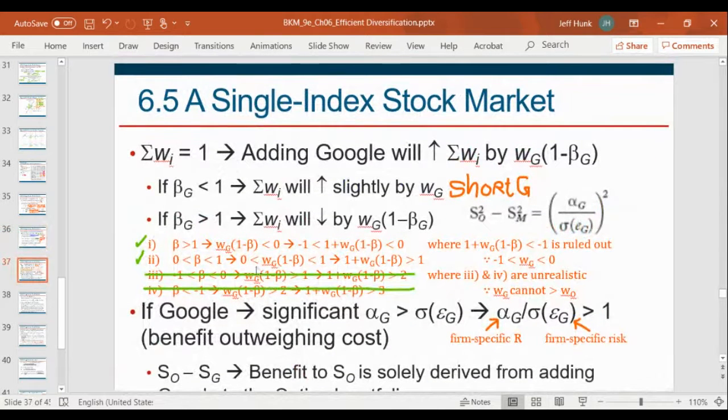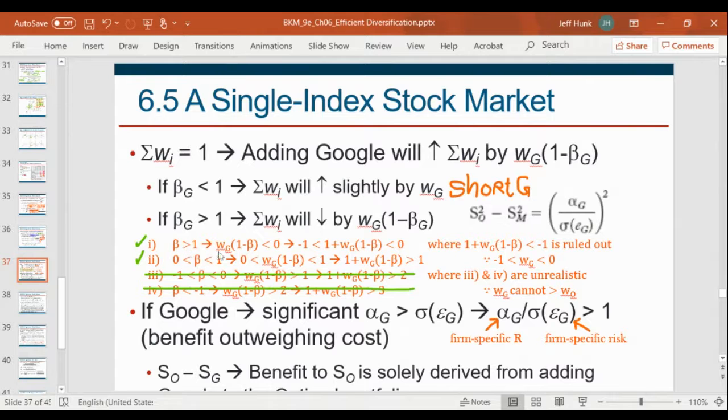Okay, and then if beta is greater than 1, the sum of all the weight will decrease slightly by the beta adjusted weight of Google.